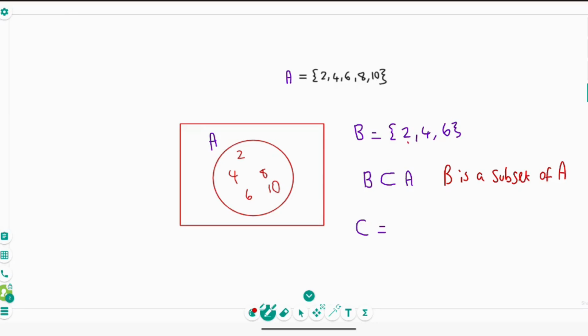Can you see that 2, 4, 6 are all in B? All the elements of B are also elements of A. So I could put B like this. And that's why B is a subset of A, because everything in B is actually in A too.